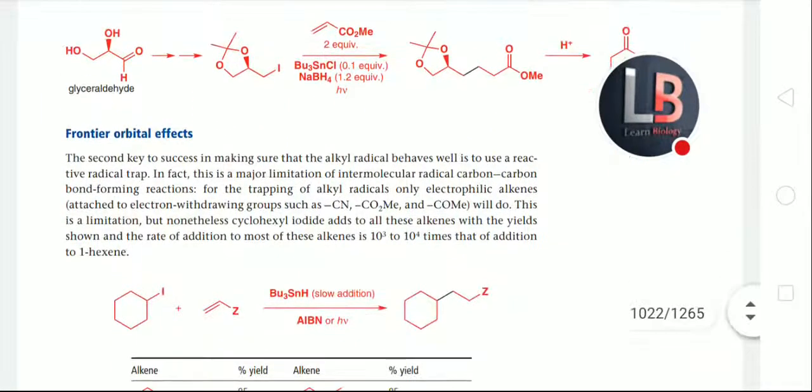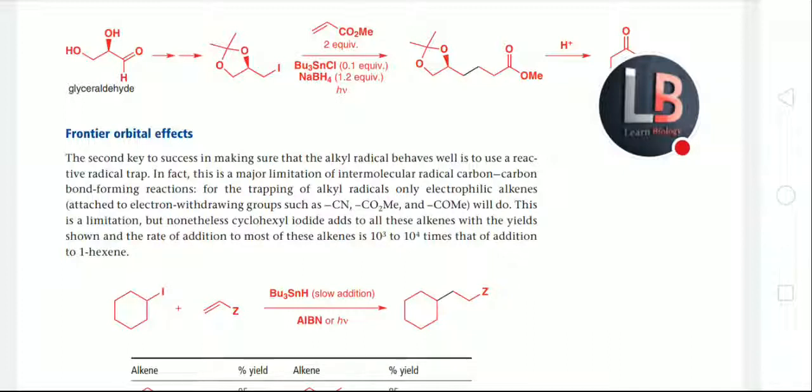The second way to succeed in making sure that the alkyl radical behaves well is to use a reactive radical trap. In fact, this is a major limitation of intermolecular radical carbon-carbon bond forming reactions. For the trapping of an alkyl radical, only an electrophilic alkene with an electron withdrawing group such as CN, COOMe and COMe will do.